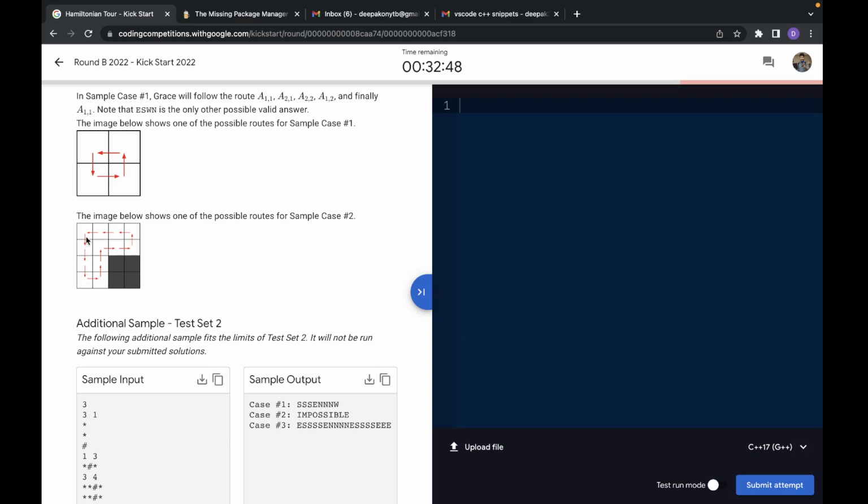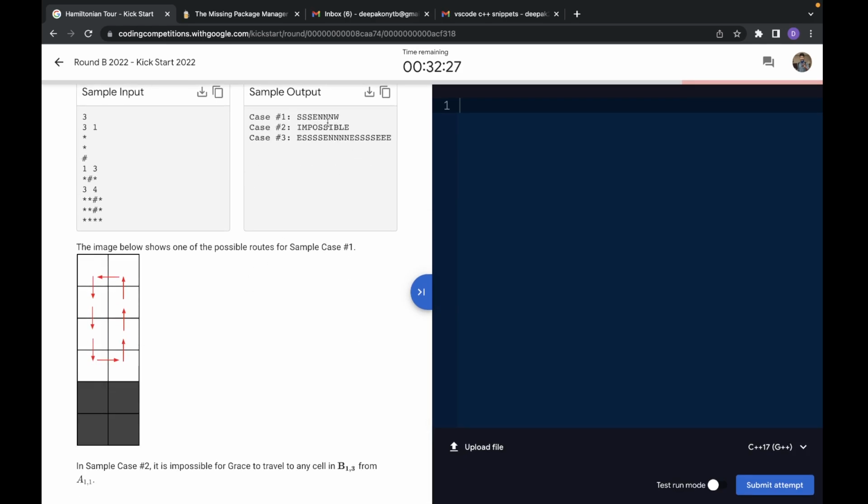You cannot visit it twice. So that's what a Hamiltonian tour is. In this example, you can just go this way, right? This could be one of the possibilities, or the reverse. So you have to print any possible way you can do this. And if it's impossible, you'll say impossible.